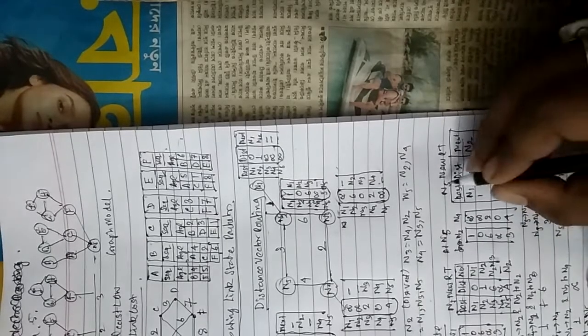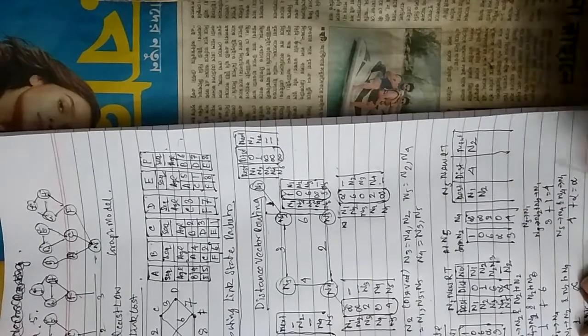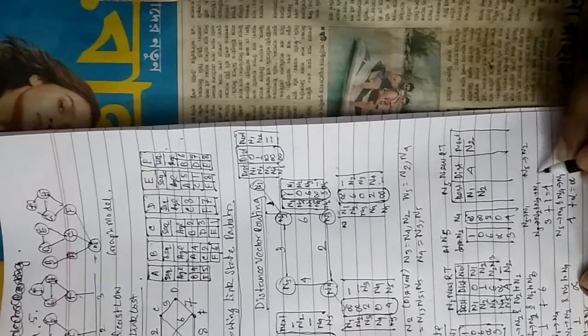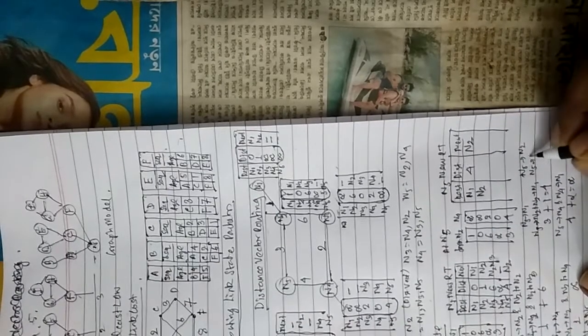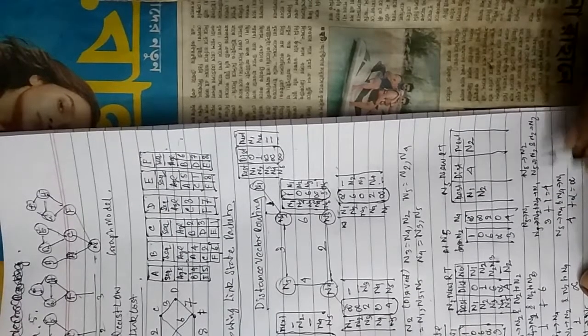Now from n5 I want to go to n2. There are 2 possible paths, n5 to n2 and n2 to n2. n5 to n2 is 3, and n2 to n2 is 0.